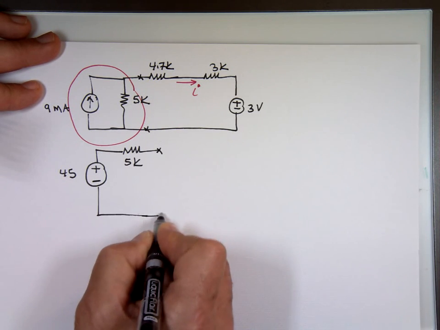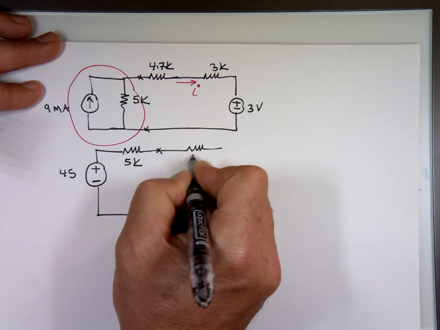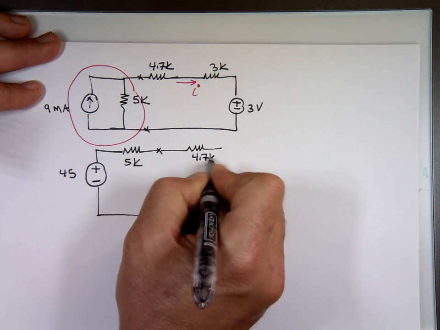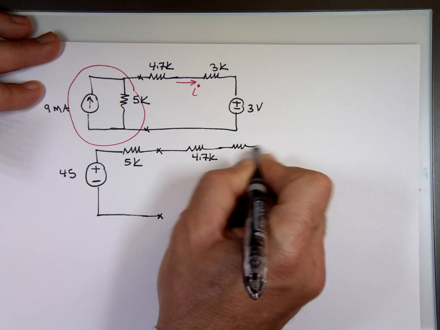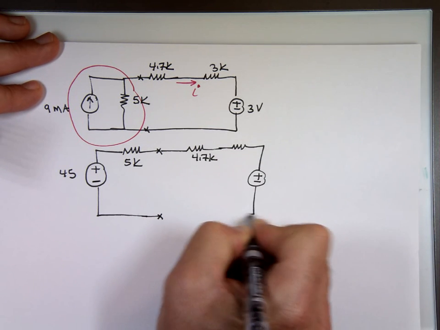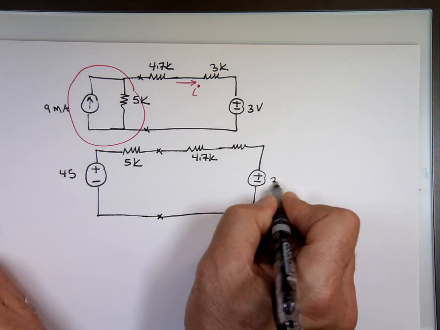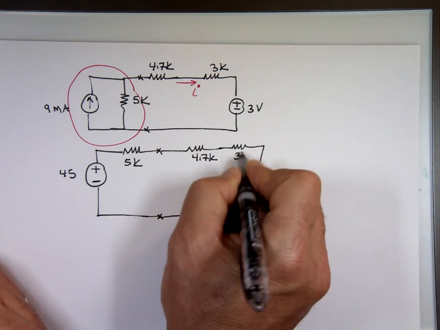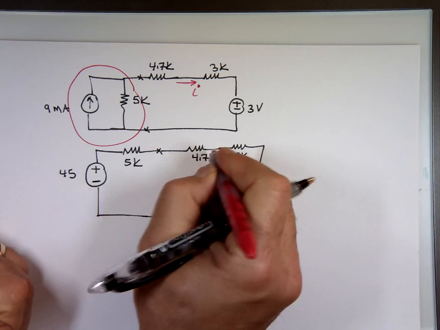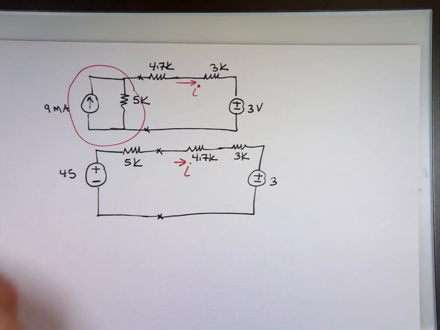Now let's copy the rest of the circuit. Is that 3 or 30? That's 3. And if you want, you can add these resistors together, make it one resistor.